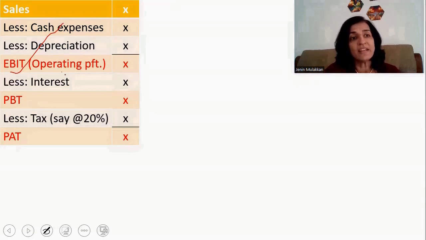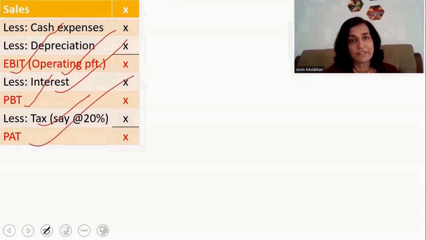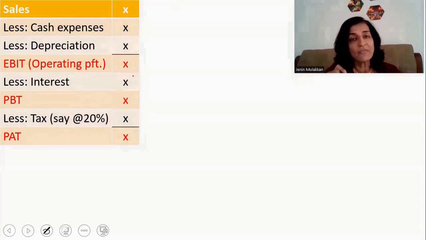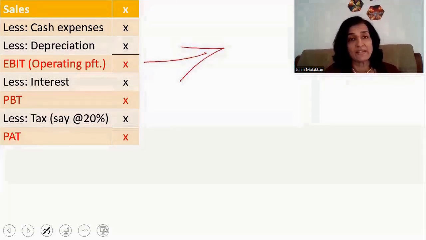It is also known by the name operating profit. From that, you reduce interest to get the profit before tax, reduce tax to get the profit after tax. Now, whenever we are calculating the return on capital employed, we have to use the EBIT, that is the earnings before interest and tax, or the operating profit.